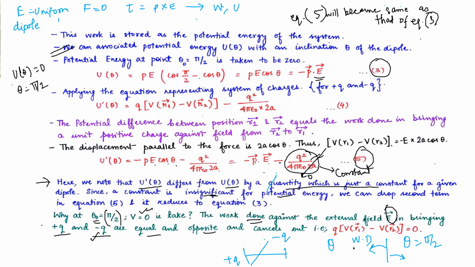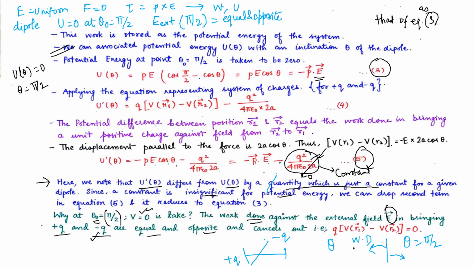For the given dipole, we have taken the potential equal to 0 at theta naught equals pi by 2, because the external field at pi by 2 is equal and opposite for minus q and plus q.